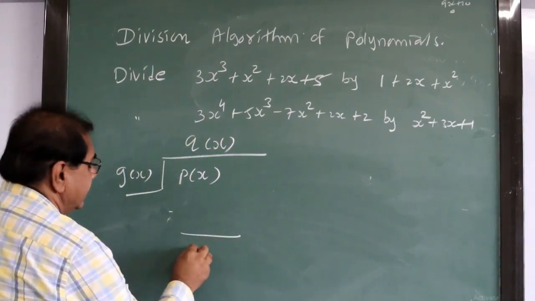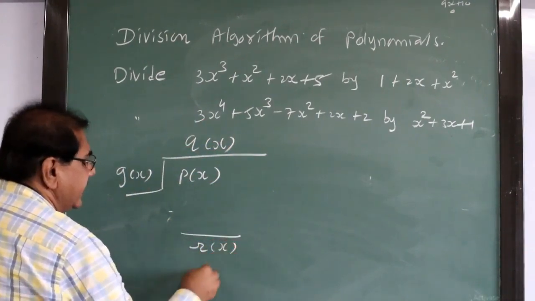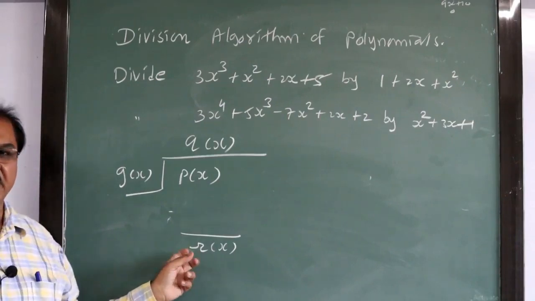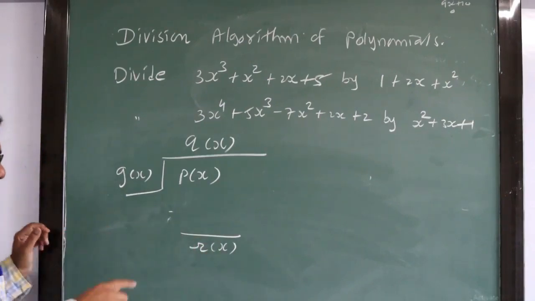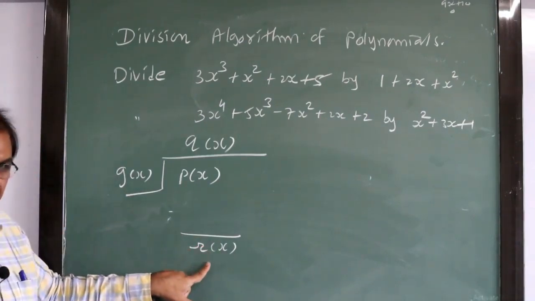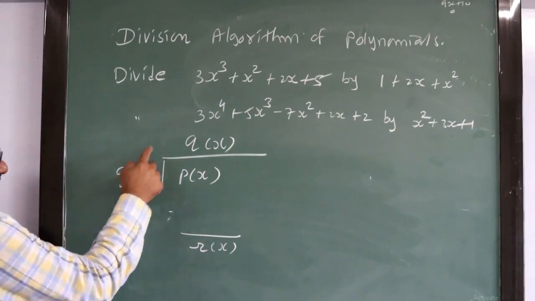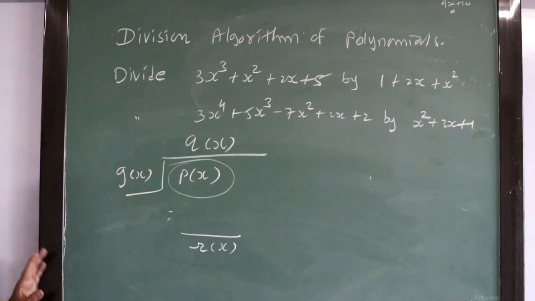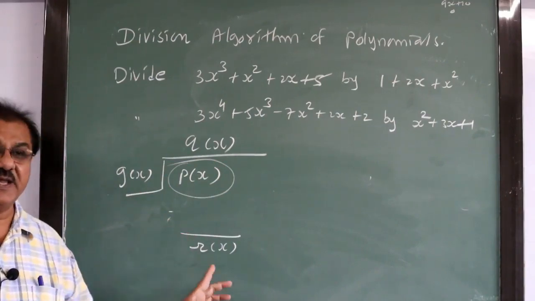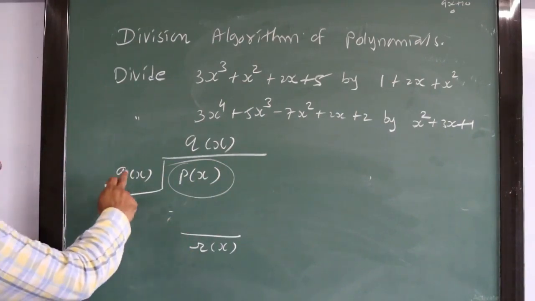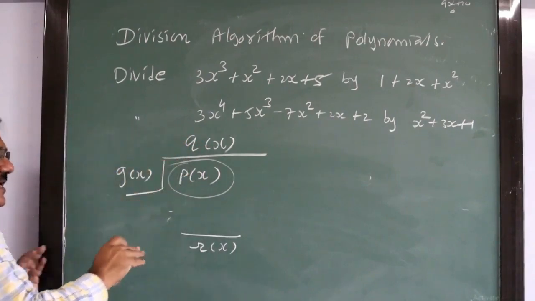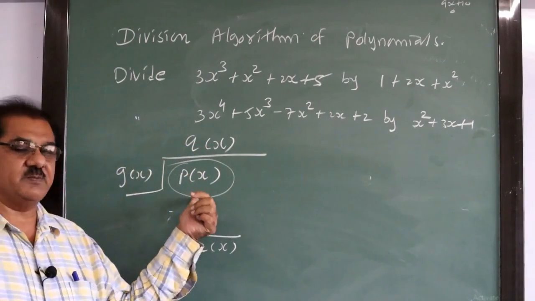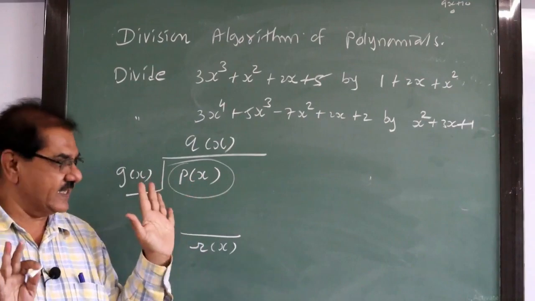And whatever we get as the remainder, we call the remainder polynomial r of x. If the remainder is 0, then g of x and q of x both are factors of p of x. And if this remainder polynomial is not 0, then g of x and q of x are not factors of the polynomial p of x. It is a basic thing.